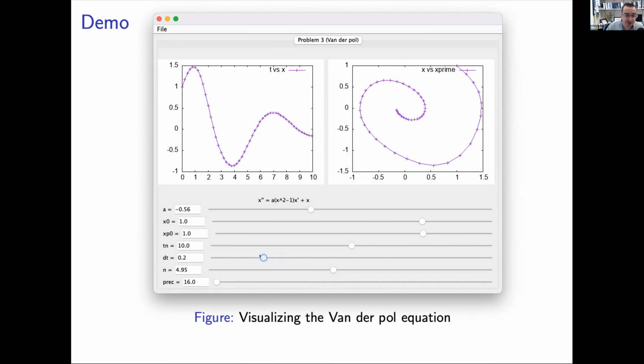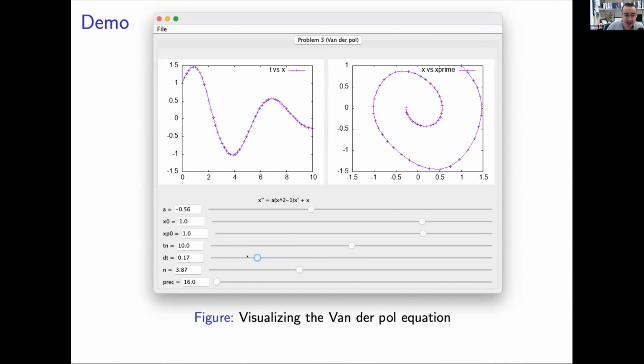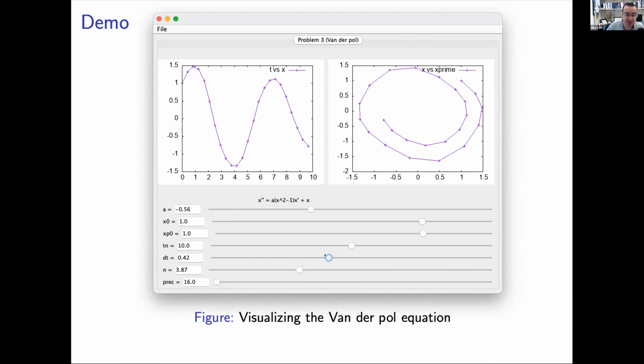But what caught my eye in playing around with this is that even at bfloat16 level of precision, changing the time step doesn't really change the solution that much until the order gets below 4. And at that point, the solution starts to change.